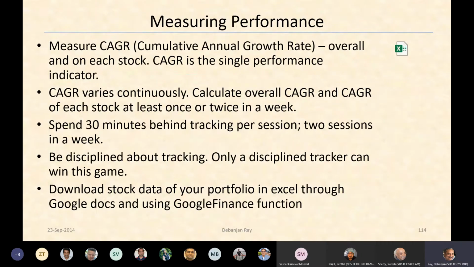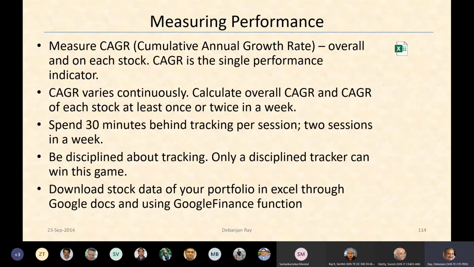So many people ask, how much time should you invest? My idea is that you should spend at least 30 minutes on tracking all the stocks, in 2 sessions a week. If you cannot spend that time, forget about stock market investment. You have to be very, very disciplined about the tracking.